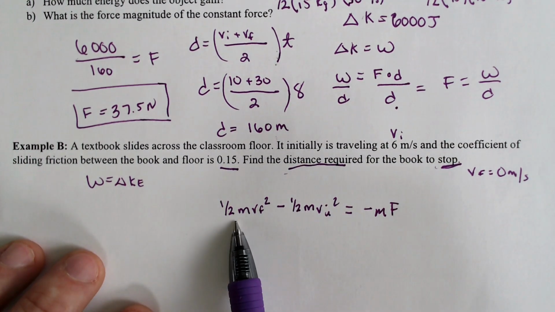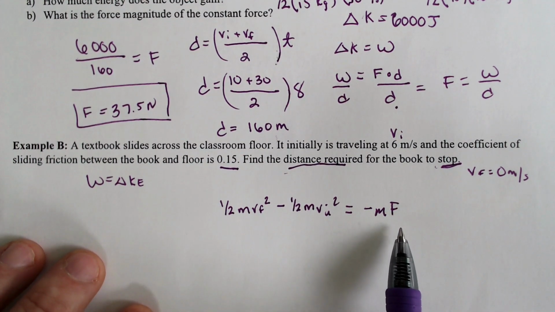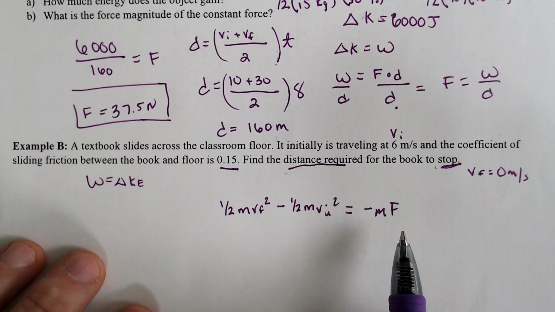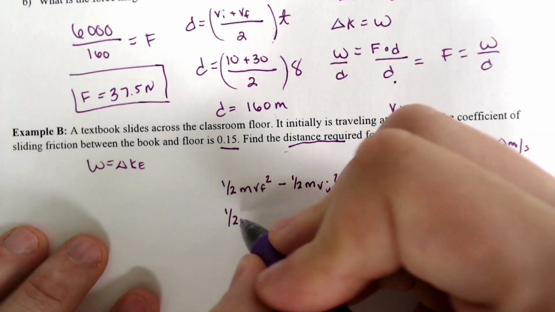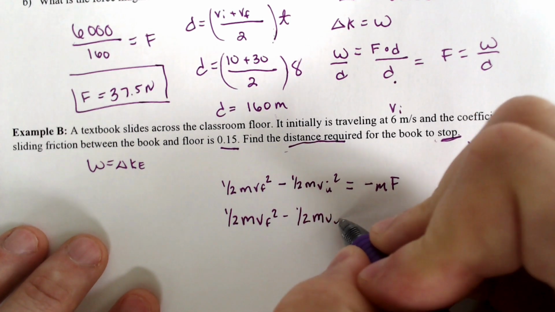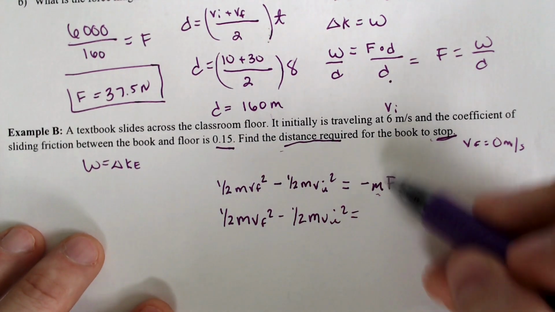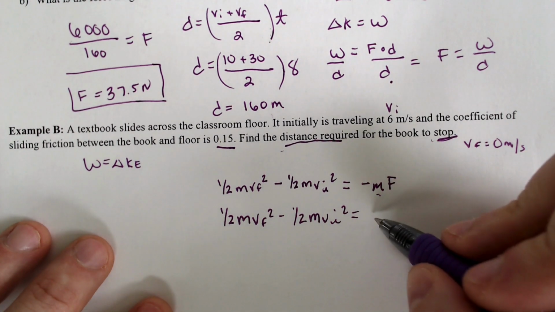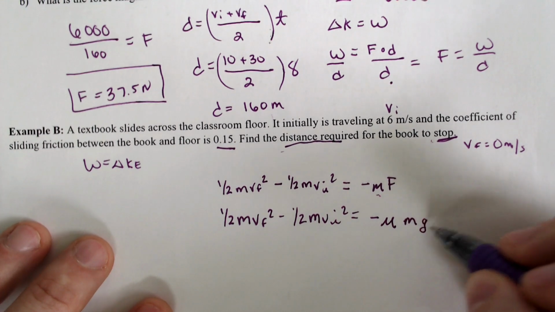Because if we subtracted our final and initial kinetic energy, all of that was put into friction. Okay? And if that's the case, then we would know that 1/2 mVF squared minus 1/2 mVI squared equals the friction force, which would be negative coefficient of friction times mgd.